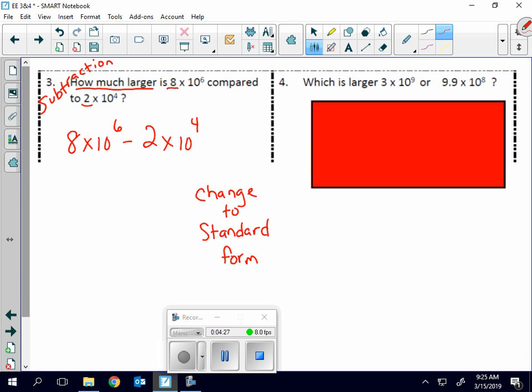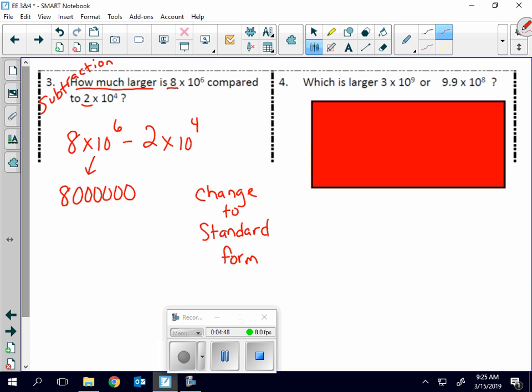All right, so this first number, 8 times 10 to the 6th power, well, the 6 means I'm going to move the decimal 6 times to the right, leaving me with 6 zeros after the 8. So this becomes 8 with 1, 2, 3, 4, 5, 6 zeros.